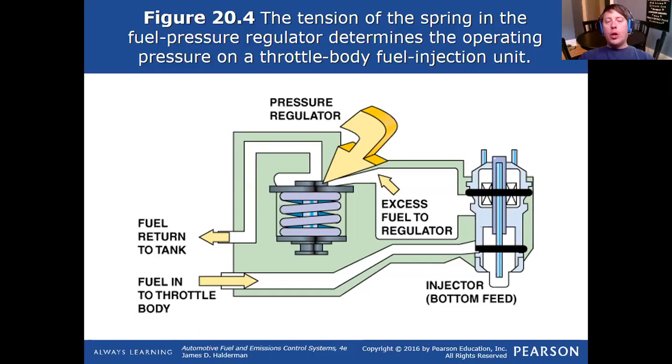You didn't see electronic anything on fuel pressure regulators until probably the late 2000s, 2010-ish, around there. There are manufacturers today that are still using just a spring style and have no electronics at all. So it's important when diagnosing fuel system issues to always go back to service information. Sound like a broken record here, but you always have to go back to service information to figure out exactly what it is you're working on, what's in the system.